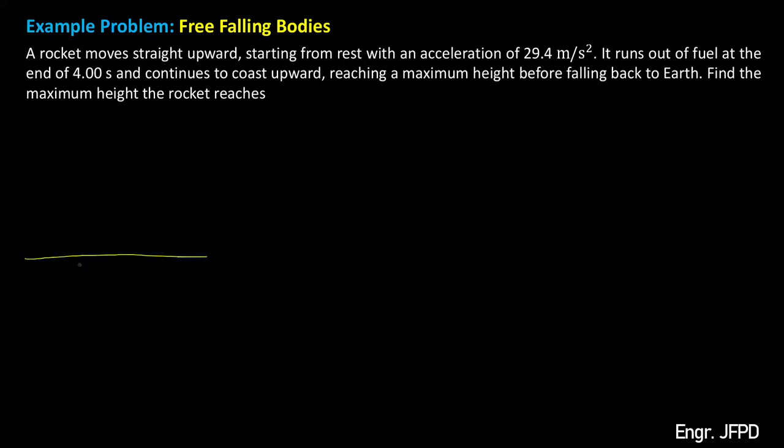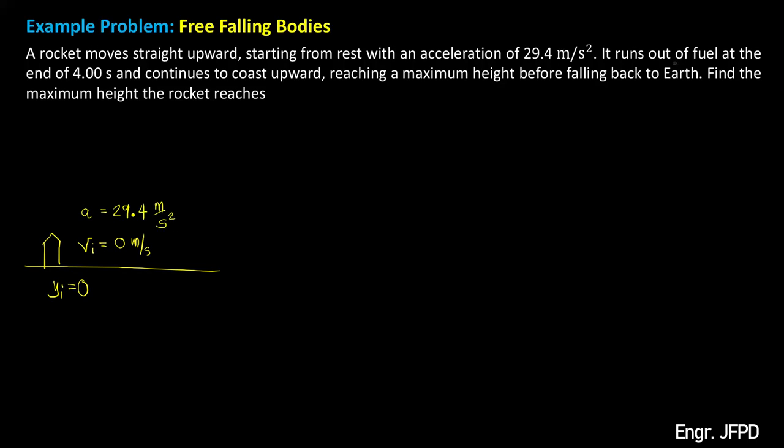Let's say that the rocket is at this position, which is our yi equal to 0. Then this rocket starts from rest. That means the initial velocity of the rocket is 0 meters per second, and it will accelerate with an acceleration of 29.4 meters per second squared, which is brought by the fuel of the rocket.